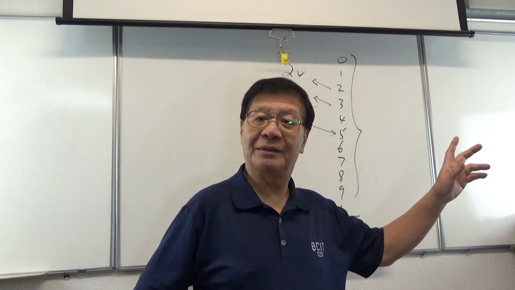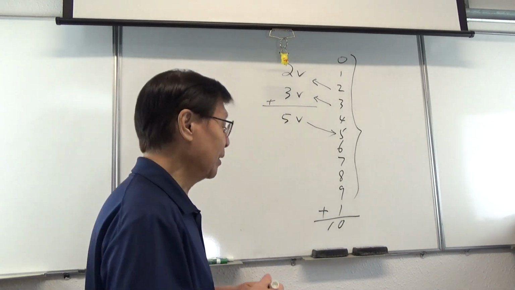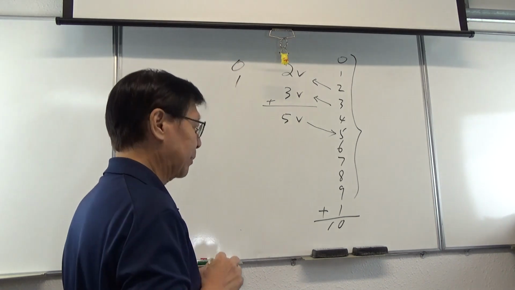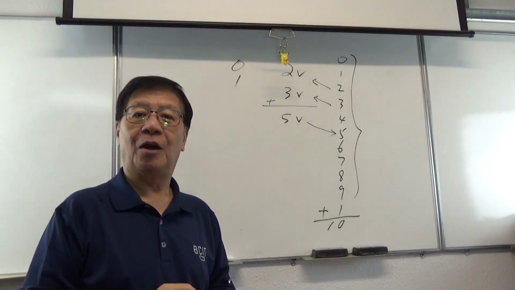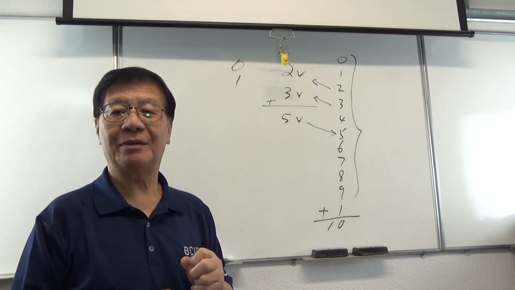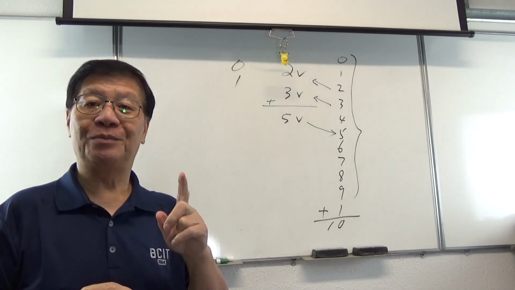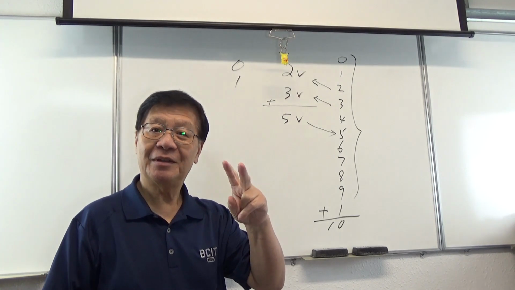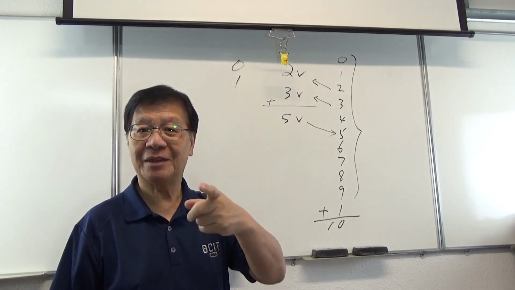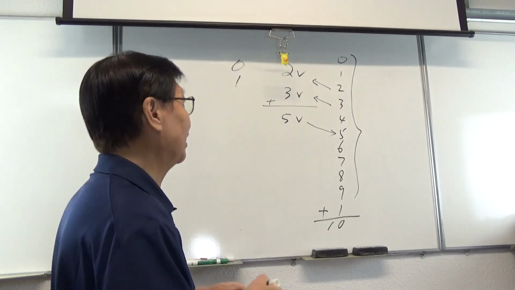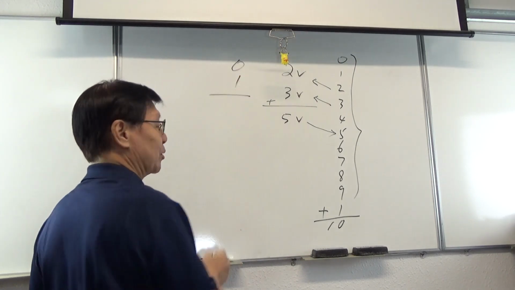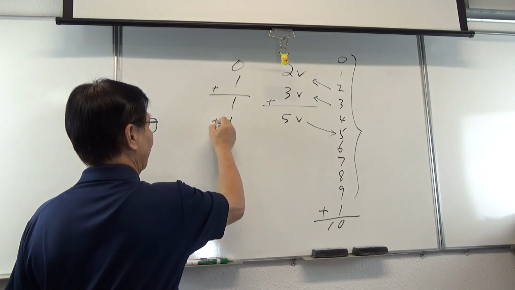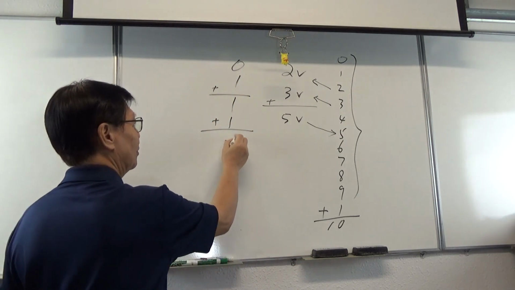Now let's take a look at the first thing. We have a new system, 0 and 1. Only 2 symbols, and 2 symbols are enough to represent all numbers. Let's take a look. 0 plus 1 is 1. 1 plus 1 is 2?